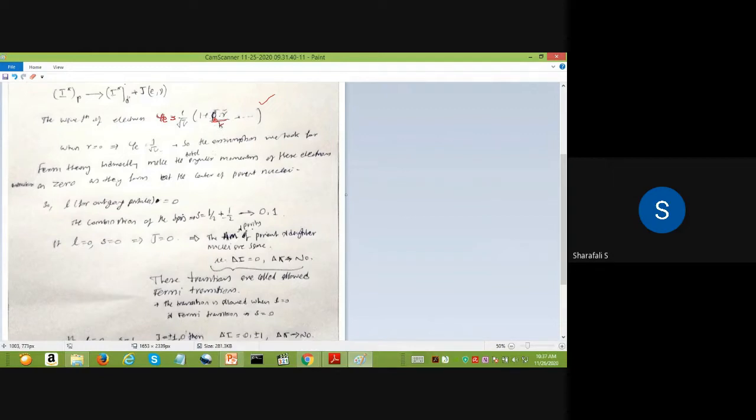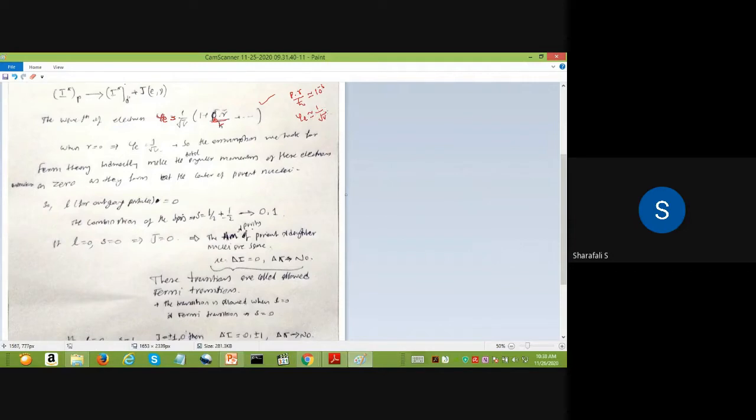So if you consider that equation, and we assumed that this p dot r by h cross, if you calculate, is almost negligible, coming in the order of 10 raised to minus 3, and we assumed that psi_e is almost equal to 1 by root V. All this we have done in our theoretical derivation.